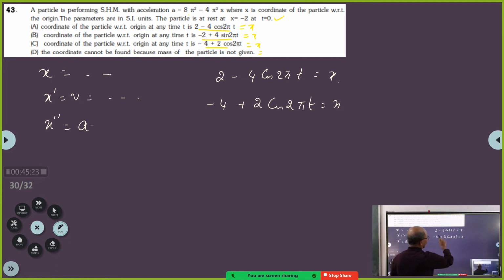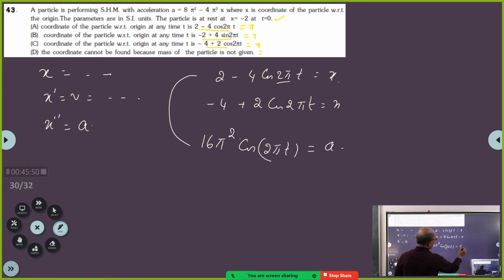If you differentiate once and if you differentiate twice, so this one if you differentiate twice, you are going to get the acceleration. Acceleration will be what? It will be a omega square. Omega is 2 pi, so this becomes 4 pi square. 4 4s are 16 pi square. 16 pi square into cos 2 pi t.